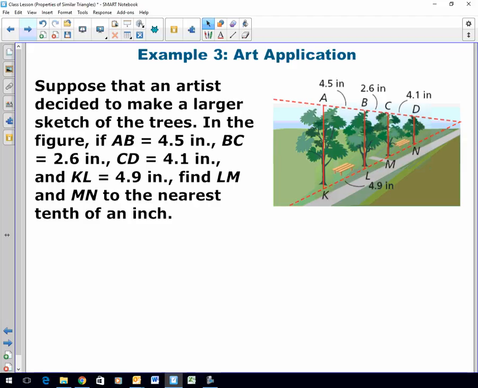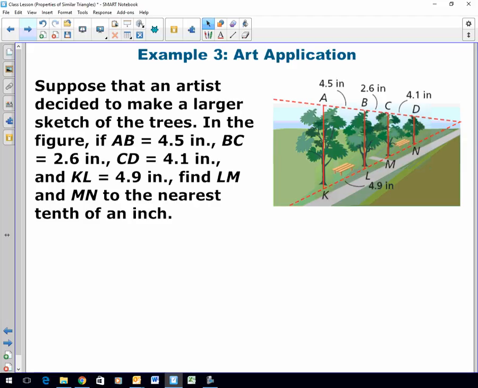In this example, they go from left to right, which means my proportion would be 4.5 over 2.6 equals 4.9 over X, and you would find LM.